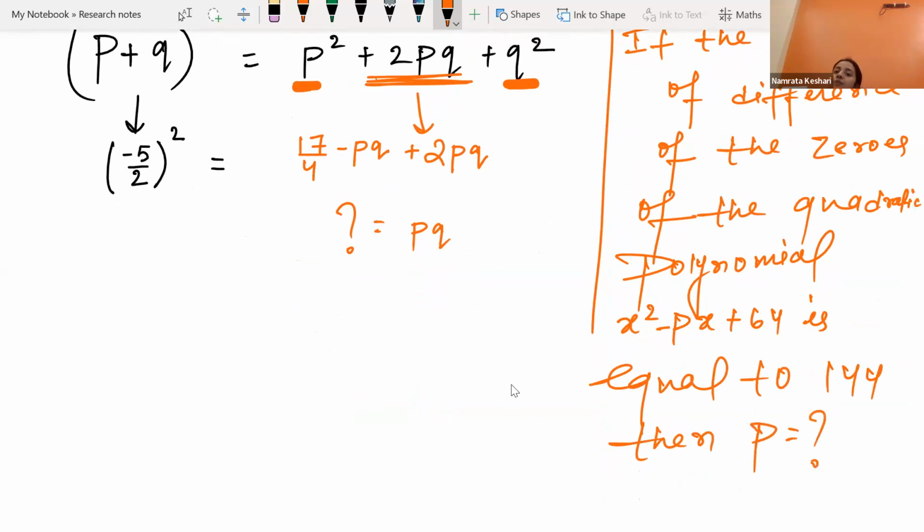Here it is written that if the square of difference of the zeros of this polynomial is 144, then find p.